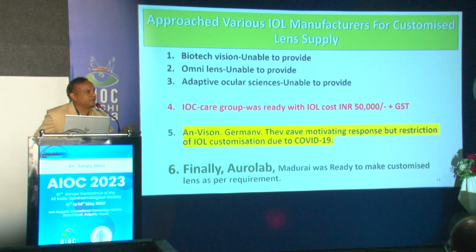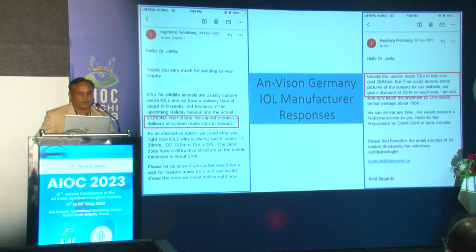Now we were searching for who is manufacturing. We tried so many manufacturers; we contacted Biotech and Envision Germany. That time Corona was there, so he did not respond. He told us okay, we'll make this, but not possible this time.